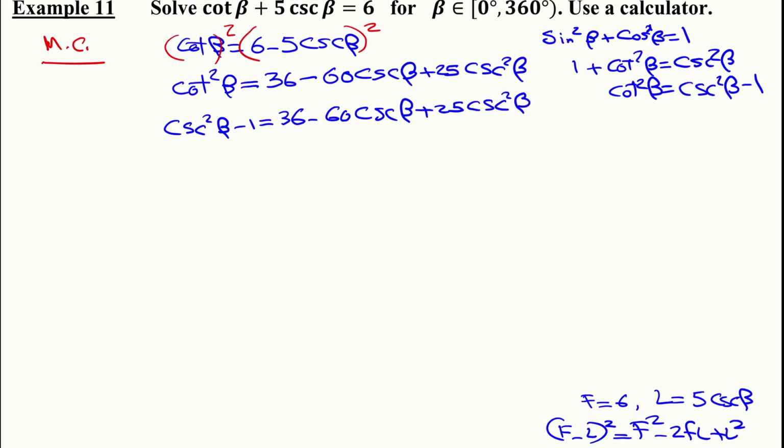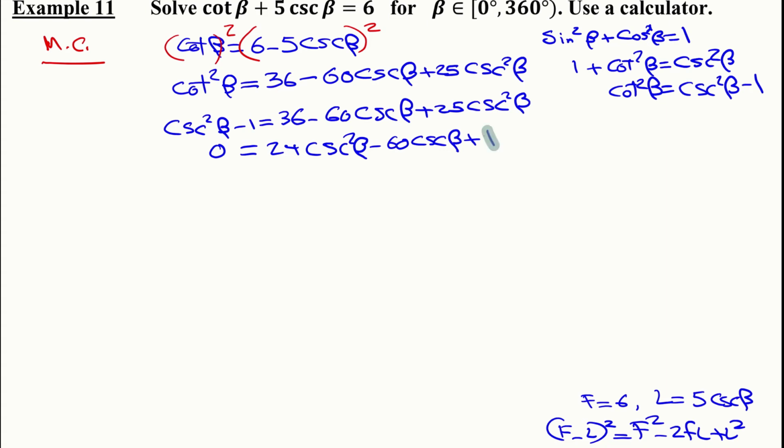All right, now we notice it's a quadratic, so we're going to move all terms to one side. The right side seems to be the better side, and we'll get 0 on the left side. So this becomes minus cosecant squared on the other side, and we end up with 24 cosecant squared beta minus 60 cosecant beta plus 1, and then another 36.